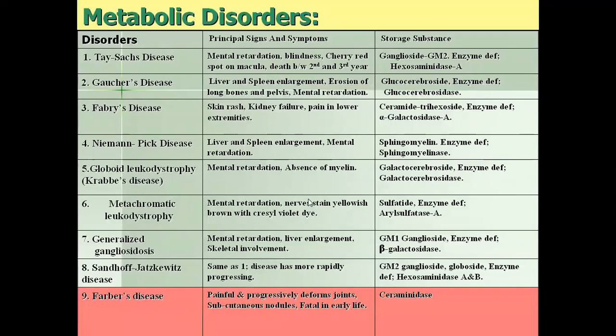Adult types are initially associated with psychiatric manifestations and progressive dementia.